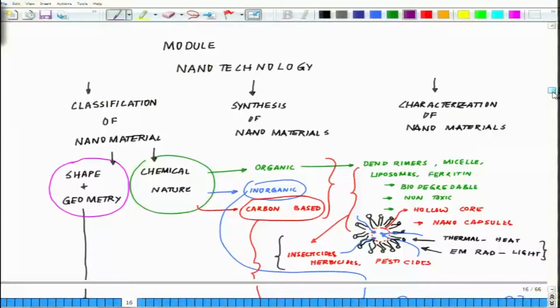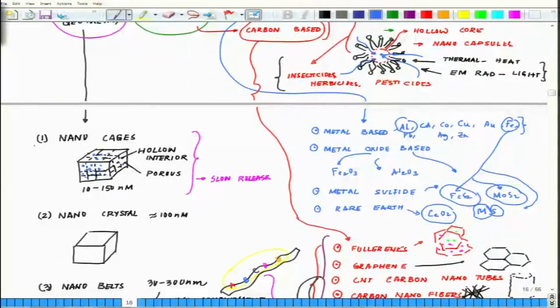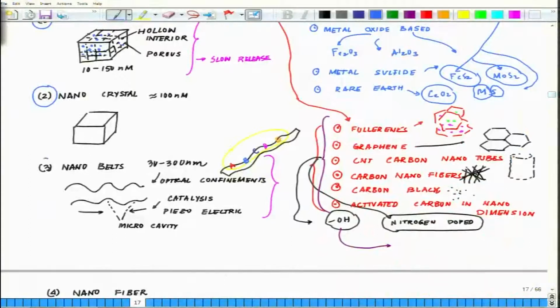So, to summarize the different kinds of classification of nanomaterials that we have talked about as of now, they could be classified under two headings: either based on shape and geometry or based on their chemical nature. In terms of their shape and geometry, we talked about nanocages, a hollow interior porous material of 10 to 150 nanometers. We talked about nanocrystals, and nanocrystals could even be a sphere, a hollow sphere.